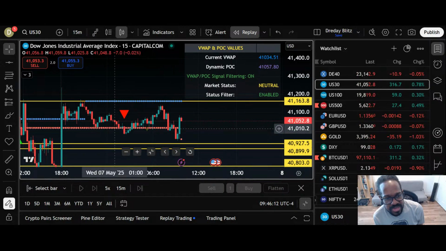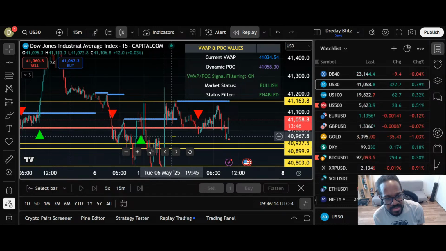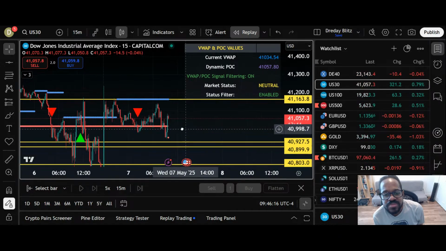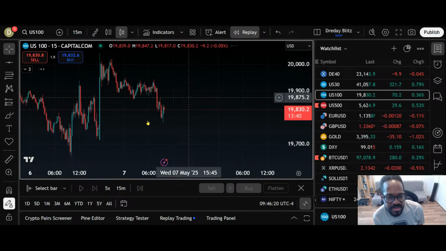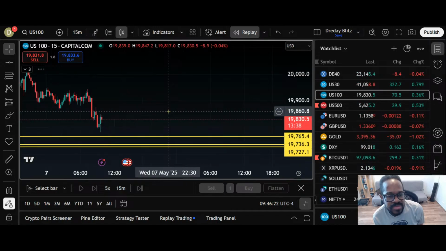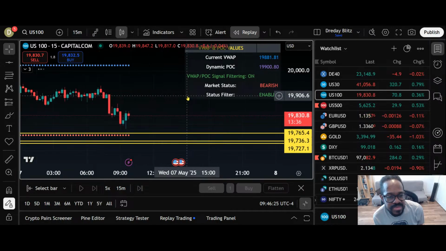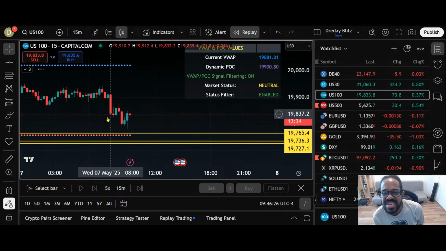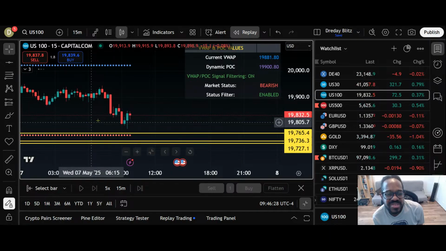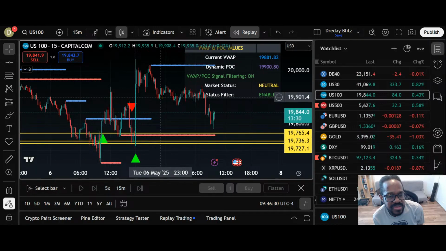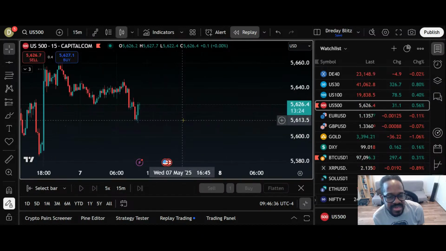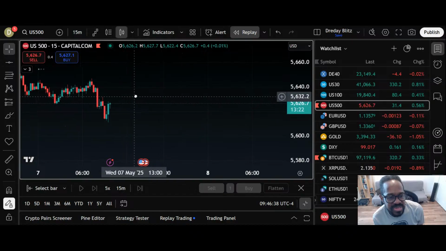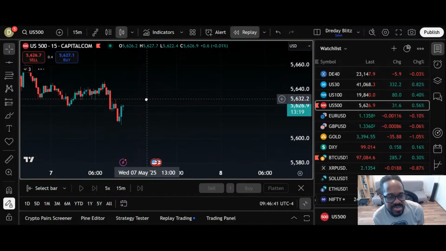I don't think it's gonna go down more. Nasdaq right now is in neutral mode, so nothing to discuss on that. S&P 500 same. I think it's neutral.